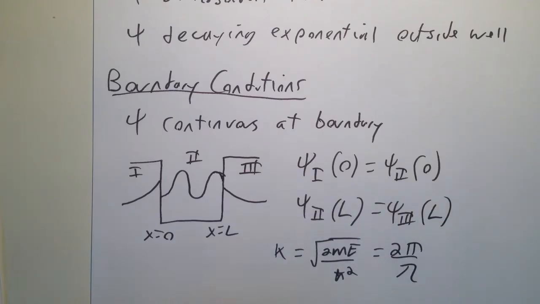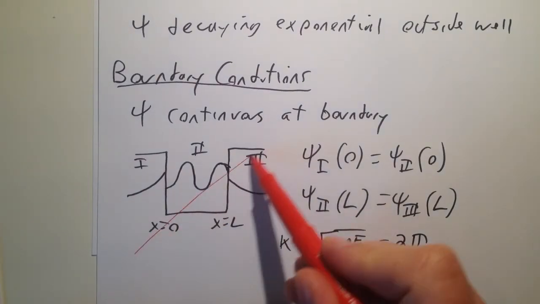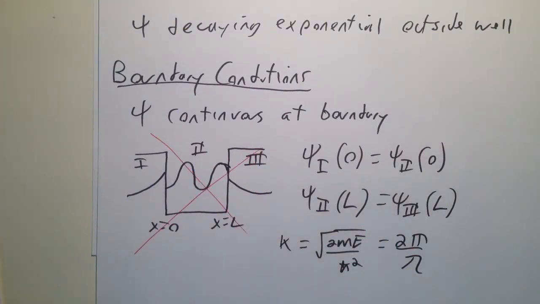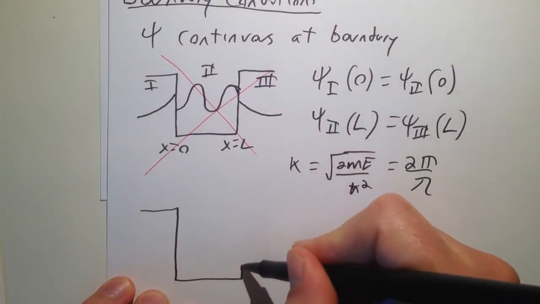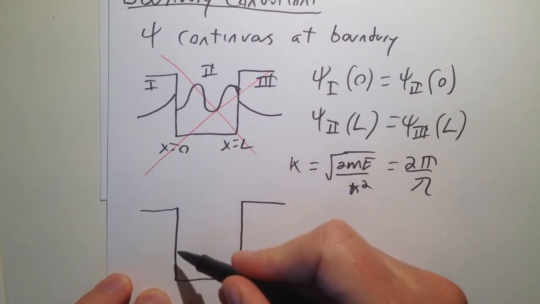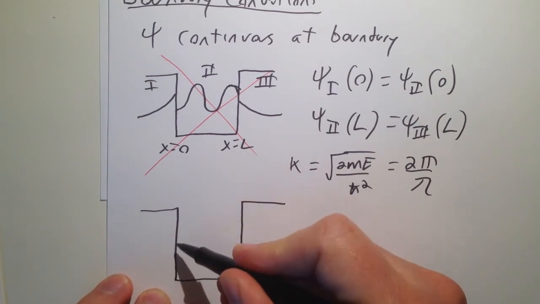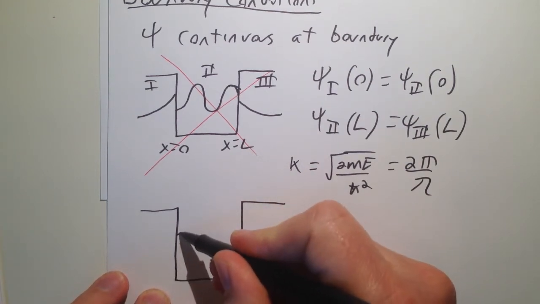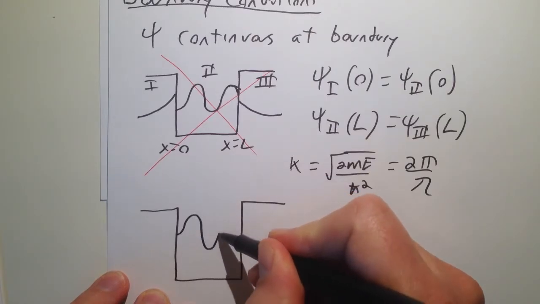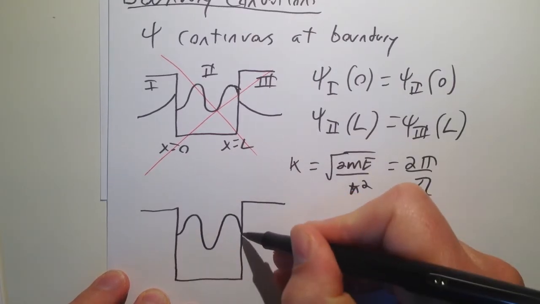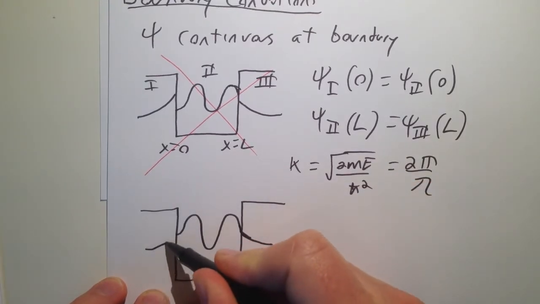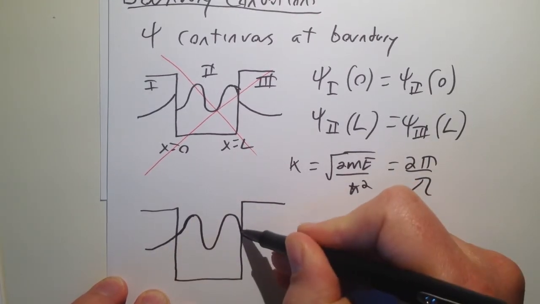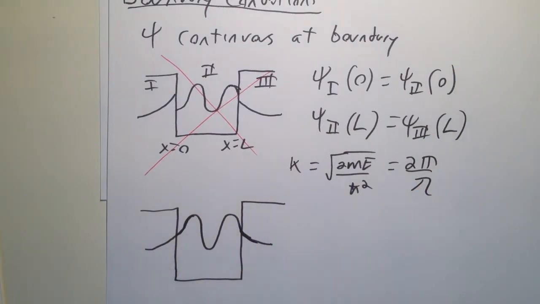So we just mark this is not what we want. This does not work, and so what we want to happen at the boundary again is that we have something like this, where at the boundary we have a nice decaying exponential, and it matches.